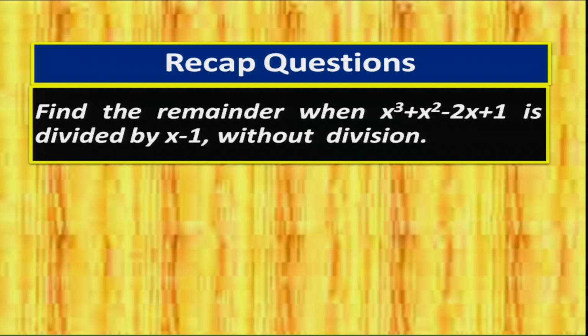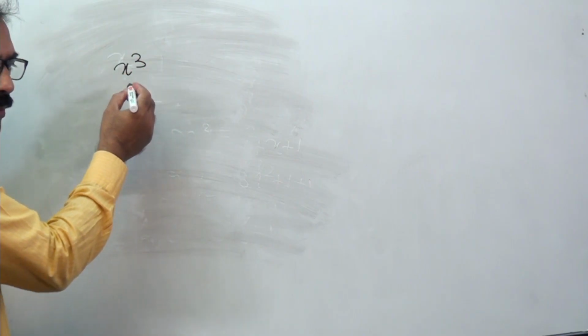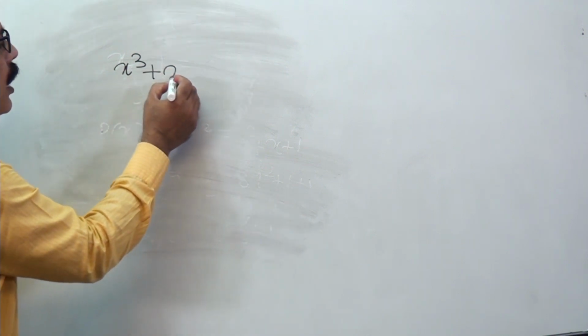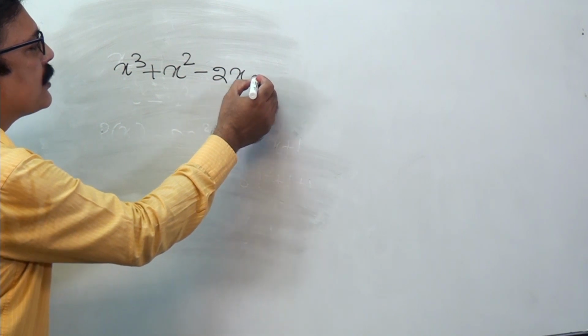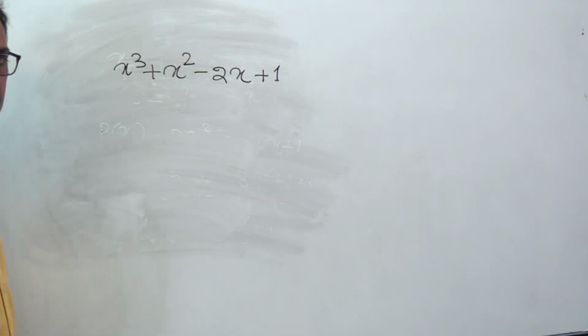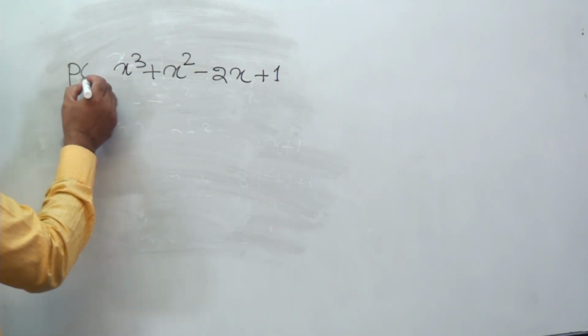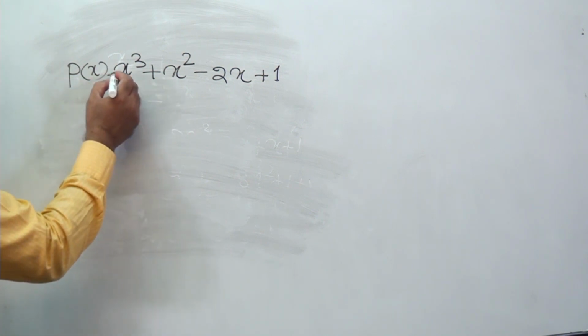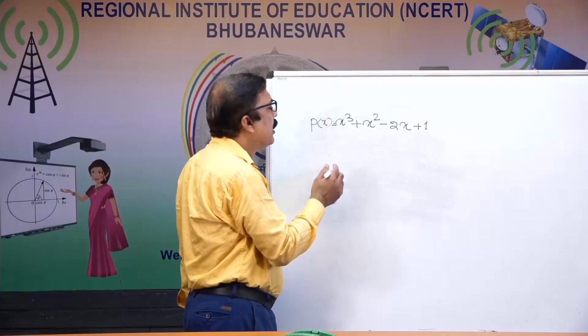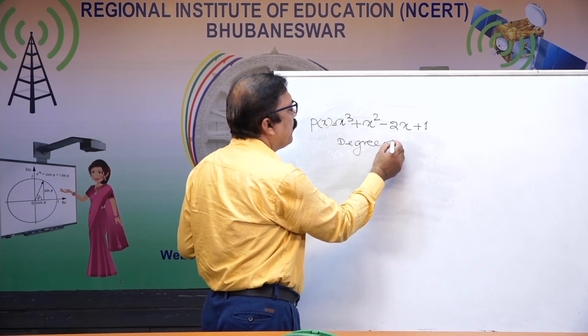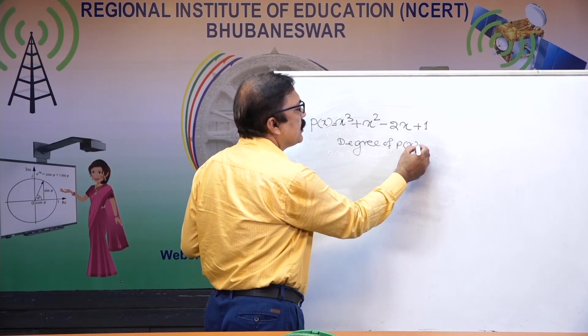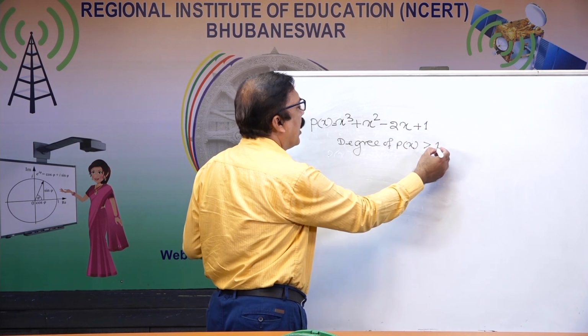Here it is, x cube plus x square minus 2x plus 1. Our P(x) is this. And what is the degree? The degree of P(x) is greater than 1.